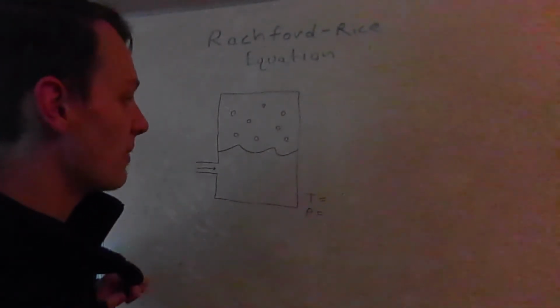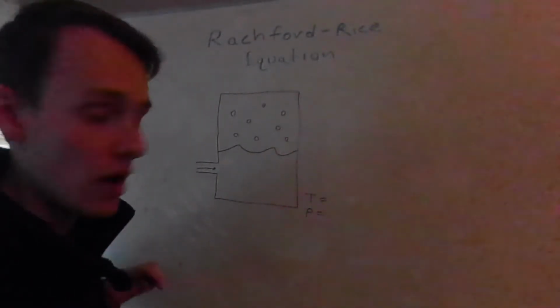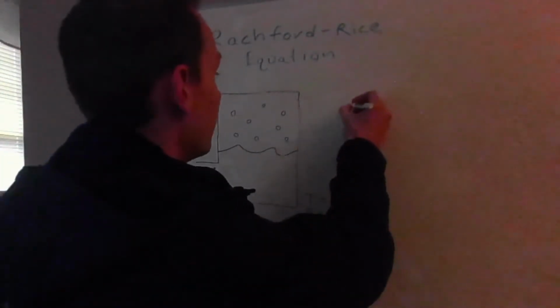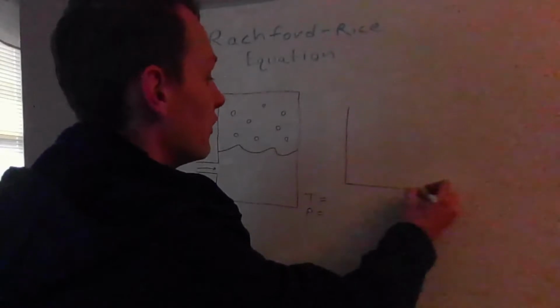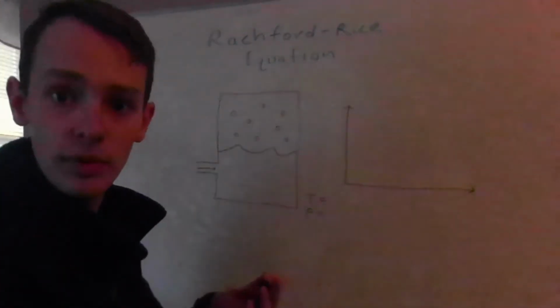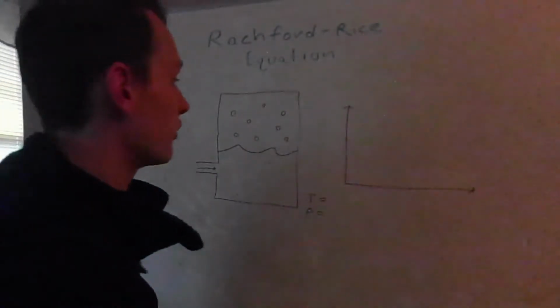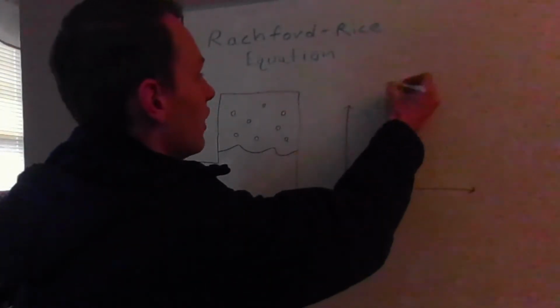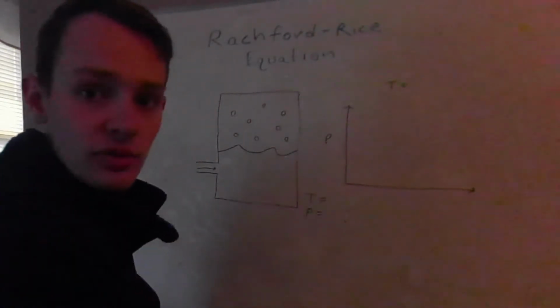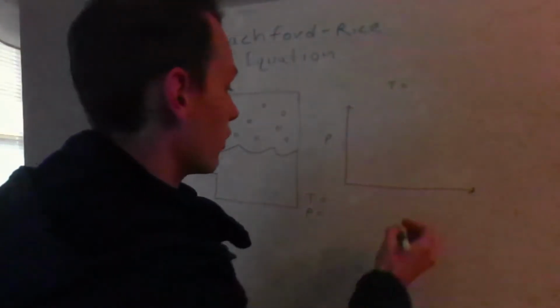Now, the only comment that I'm going to make in this video about this temperature and pressure is that it is very, very specific, and it relates to what we did in the last video with the dew pressure and bubble pressure curve in this case, right? So we have a constant temperature, and then on this axis we have the mole fraction of our more volatile component.